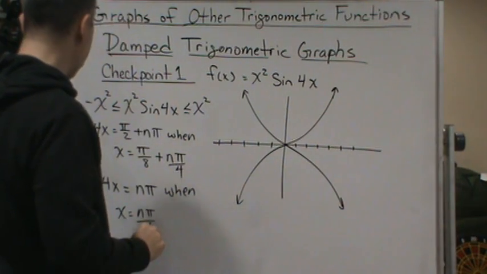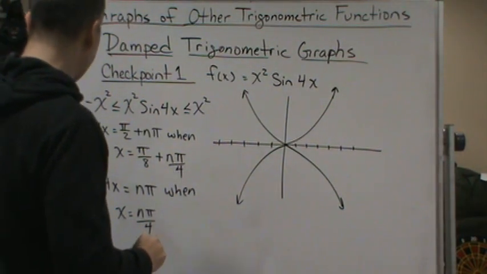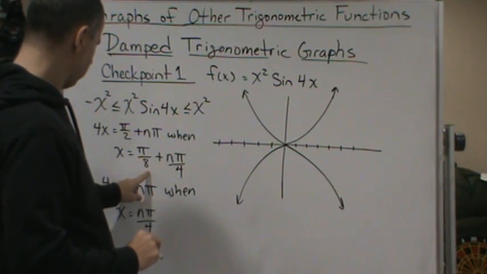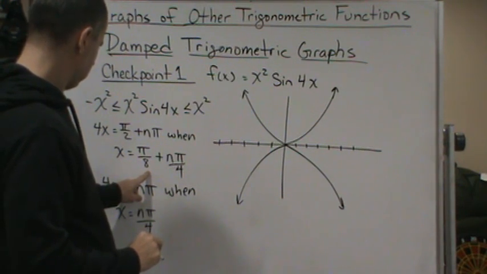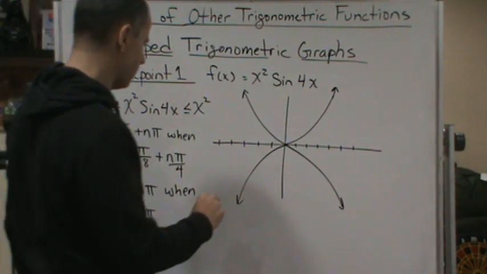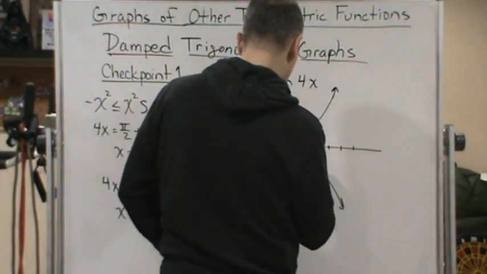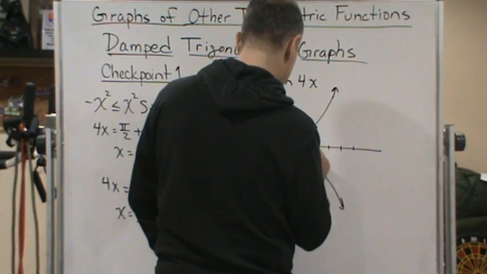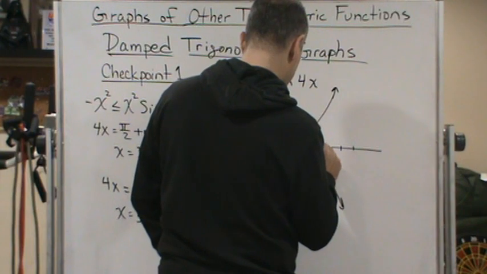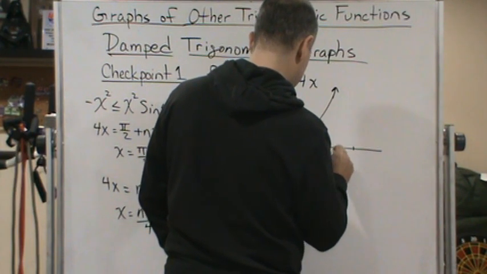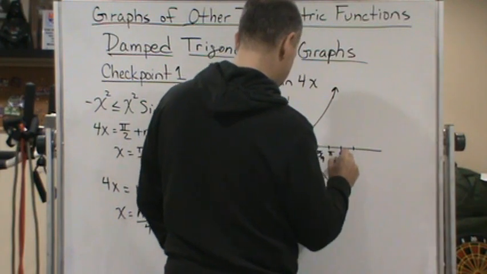Okay, so now at x equals pi over 8 and x equals pi over 4. So let's go by fourths. So pi over 4, pi over 2. Okay, I'm just going to do this.